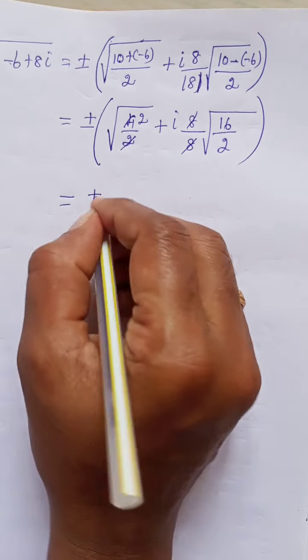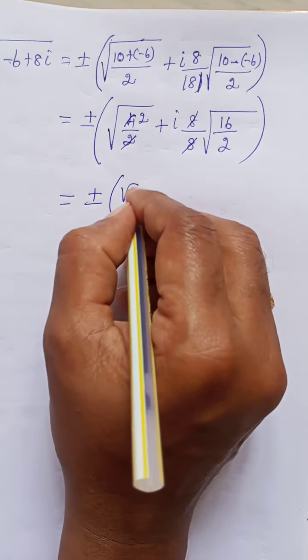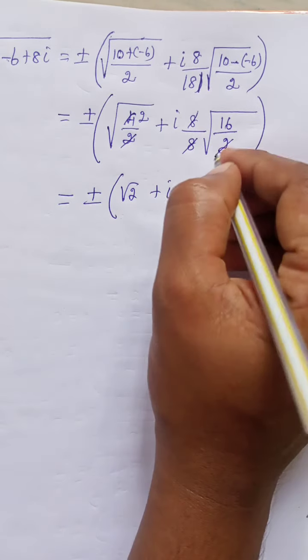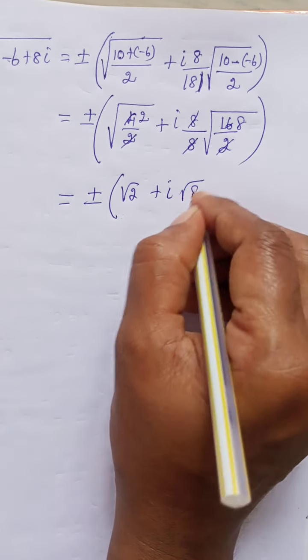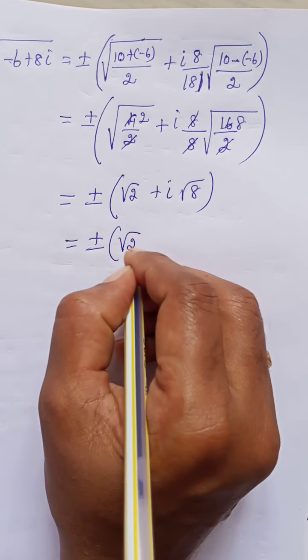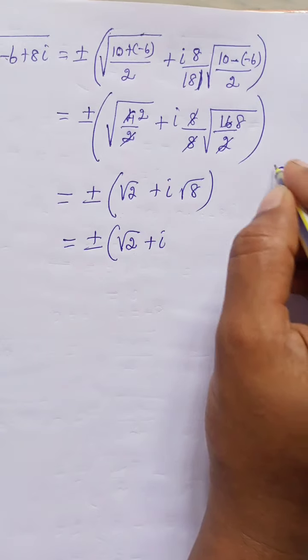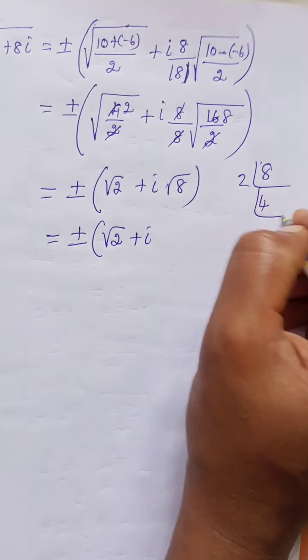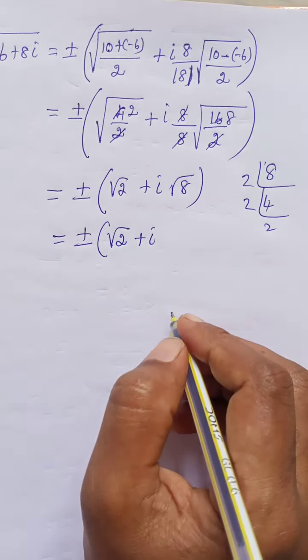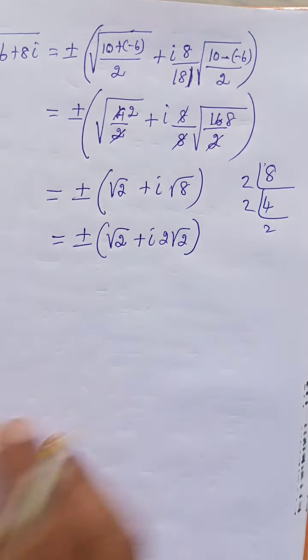So, plus or minus, here 2 and 4 2 we will get, isn't it? Root 2 plus i into root 8. So, in the example problem we have learned that root 8, when we divide 8 as 2 into 2 into 2, we can write it as 2 into root 2.